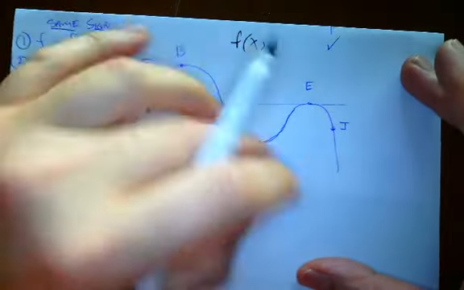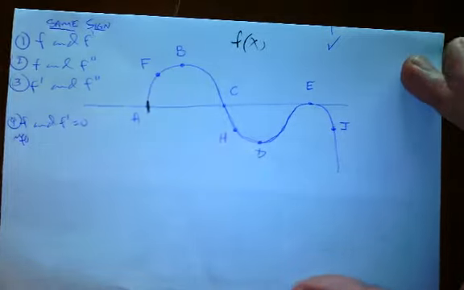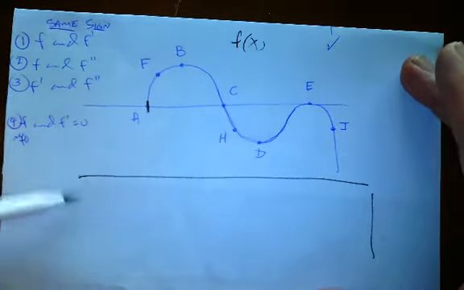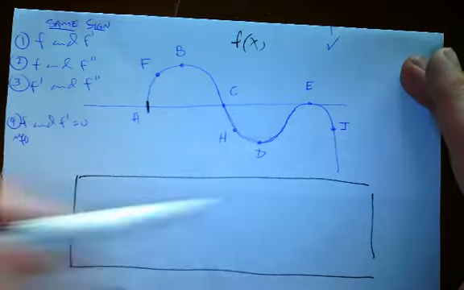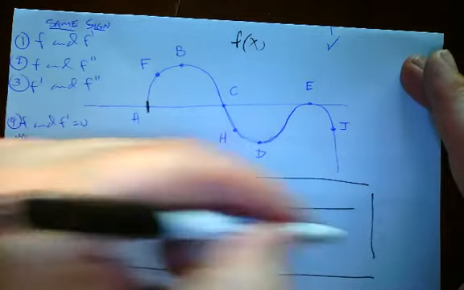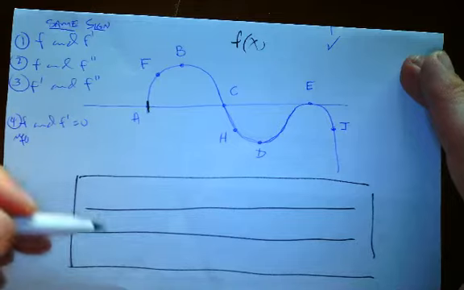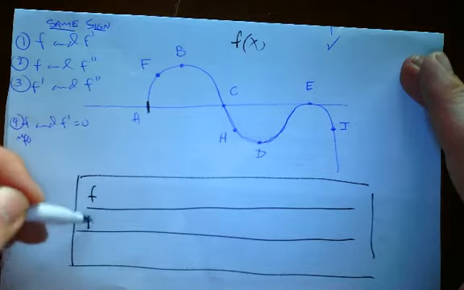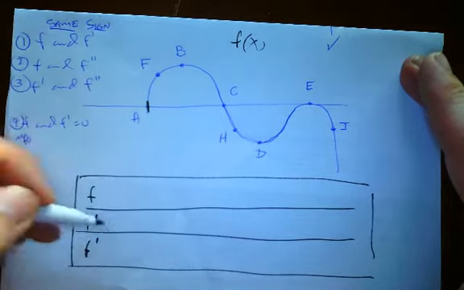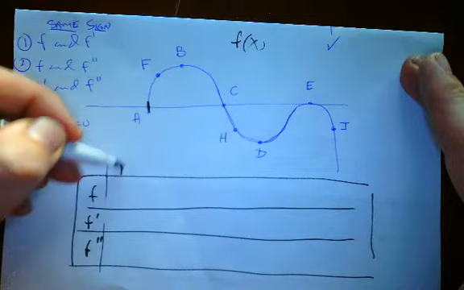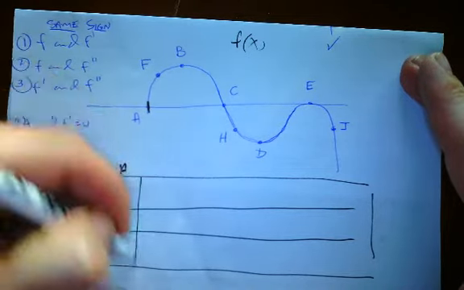One thing that might be helpful for me in doing this problem, though, is rather than trying to ask all these different questions at each point, it might be worth the time to draw a little graphic organizer and to gather all that information first about f, f prime, and f double prime at each of these places.